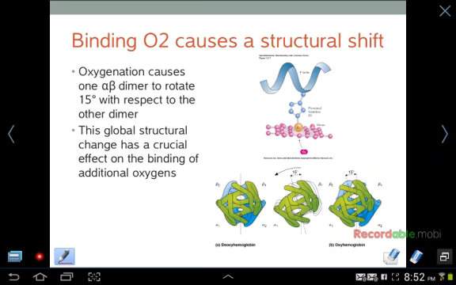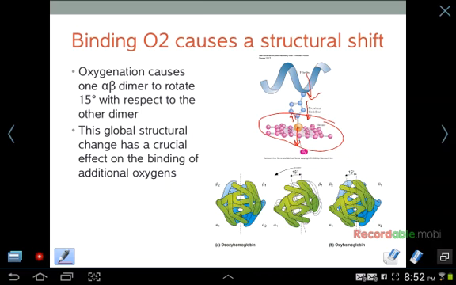Now, when oxygen binds to hemoglobin, remember we have that structural shift. At first, if there's no oxygen, the iron is pulled out of the plane of the heme ring. But when oxygen comes in to bind, iron is pulled back into the plane of the heme, which pulls on the histidine, which then pulls the helix.